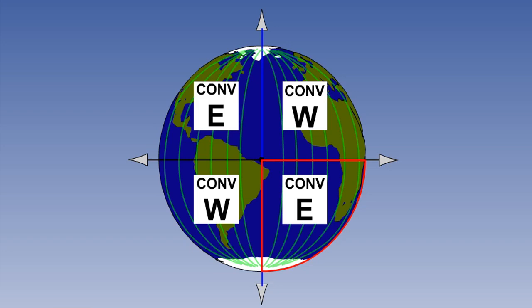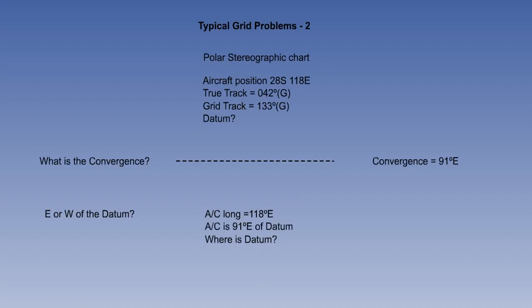With easterly convergence, the aircraft must be east of the datum. If the aircraft is 91 degrees east of the datum and the aircraft is at longitude 118 degrees east, where is the datum? The datum longitude is 027 east.